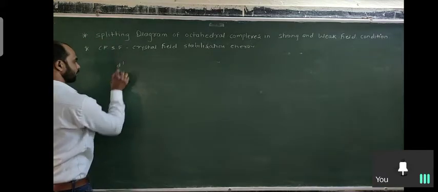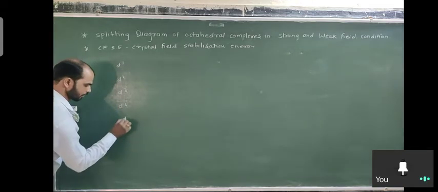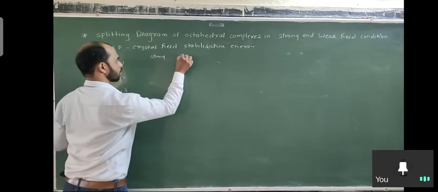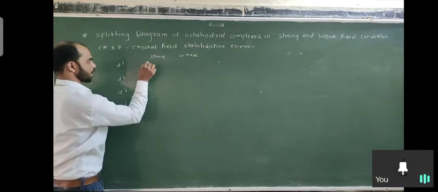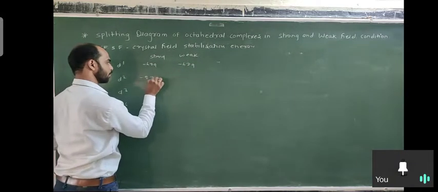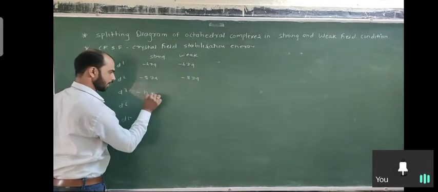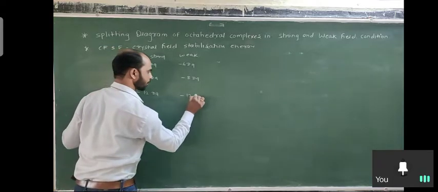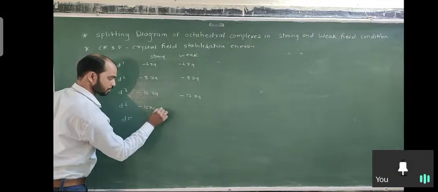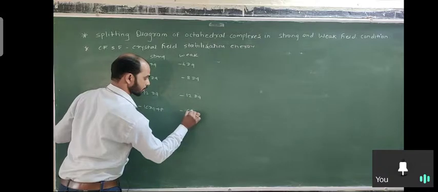So D1, D2, D3, I just summarize here. D1, D2, D3, D4, D5, here strong, weak. So minus 4 Dq, minus 4 Dq, minus 8 Dq, minus 8 Dq, minus 12 Dq, minus 12 Dq. But in the strong condition for D4, here minus 16 Dq plus p, and here minus 6 Dq.